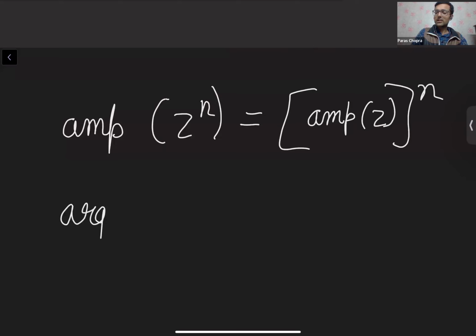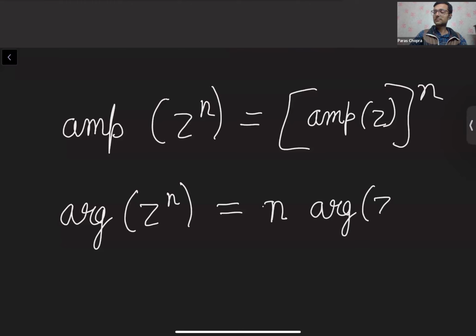What will argument of z to the power n be equal to? This will be equal to n times the argument of z. Okay.